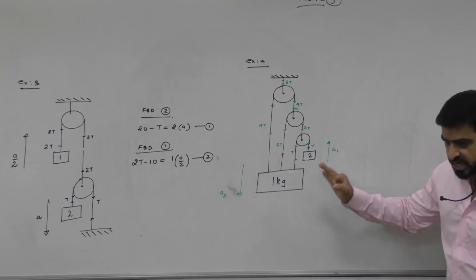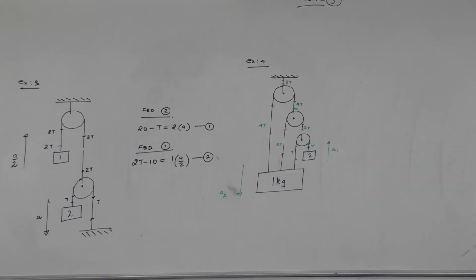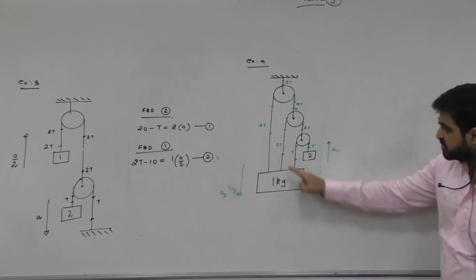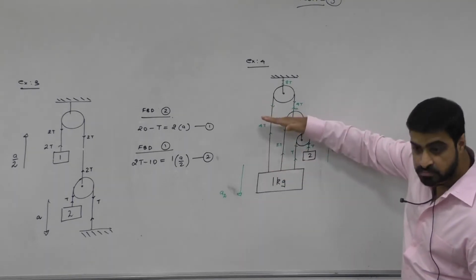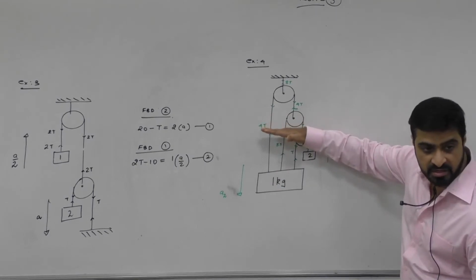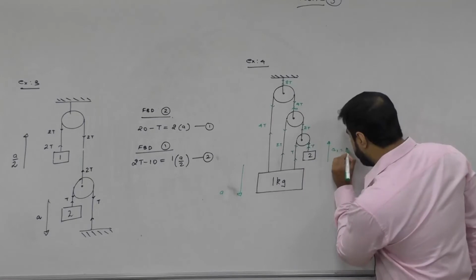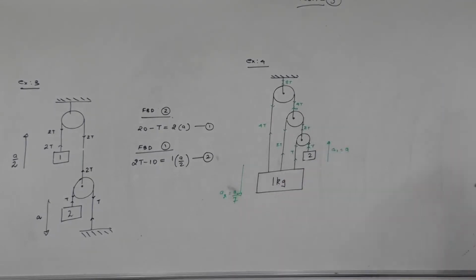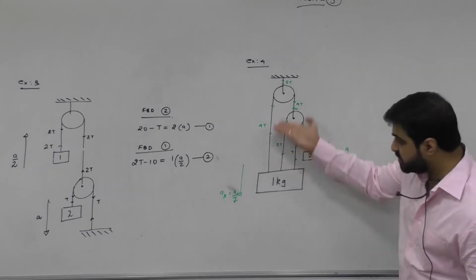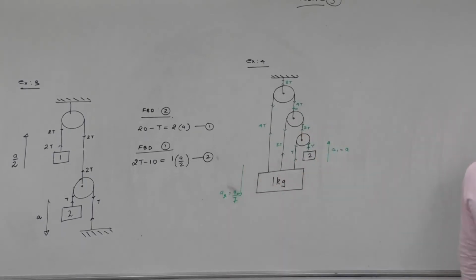What is the total tension acting on 1 kg? 7T. Look, 4T, 2T and T, how much tension is there? 7T. So this A, if you took it as A, this will become A/7. If its tension is 7 times more, its acceleration will become A/7, correct?